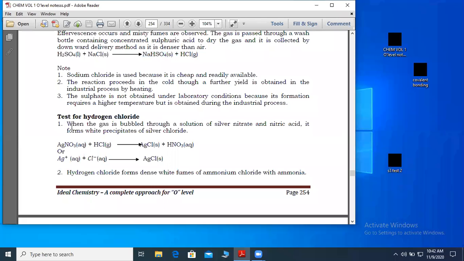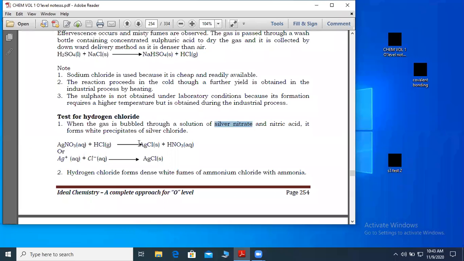Let us look at the chemical test for hydrogen chloride gas. When the gas is bubbled through acidified silver nitrate solution, it forms a white precipitate.